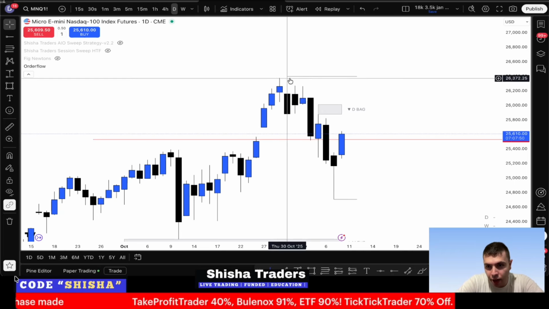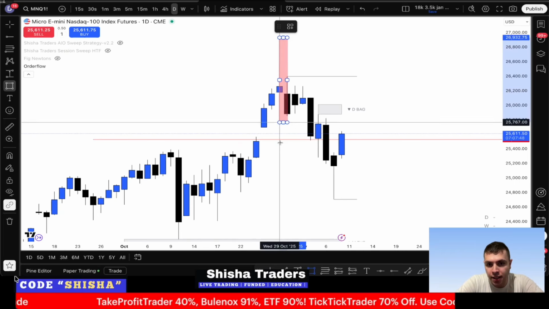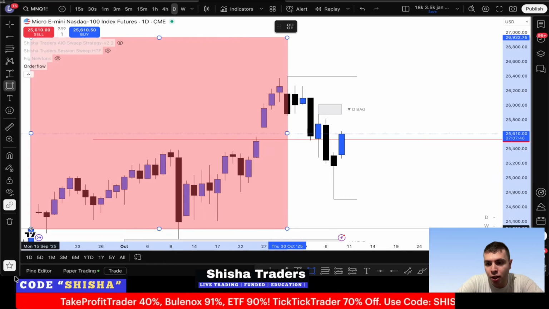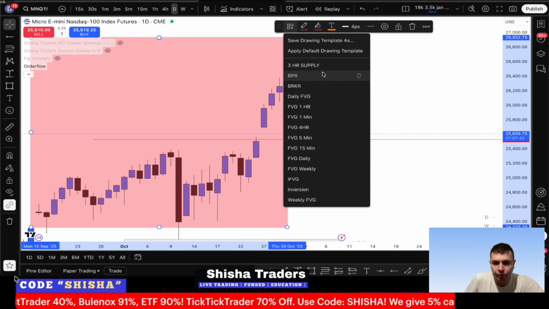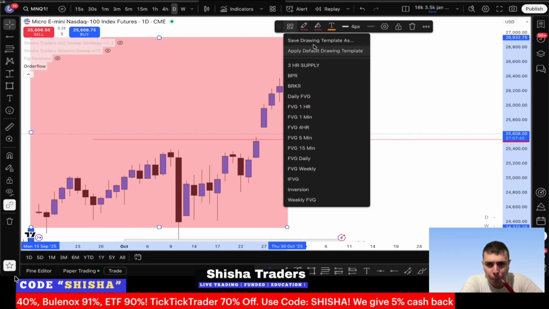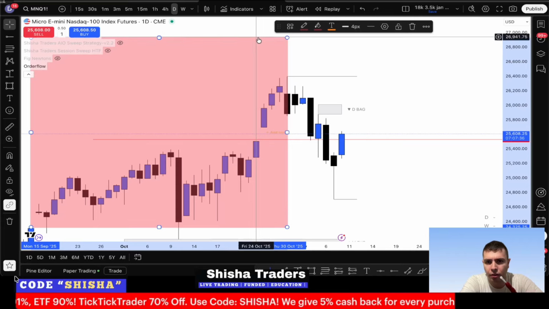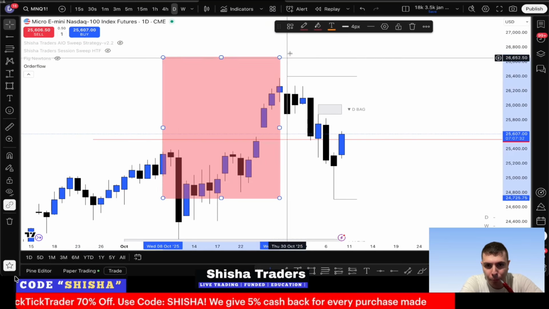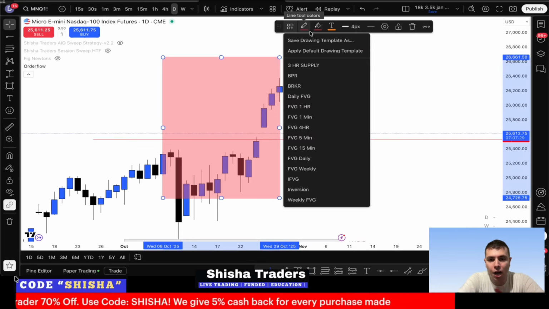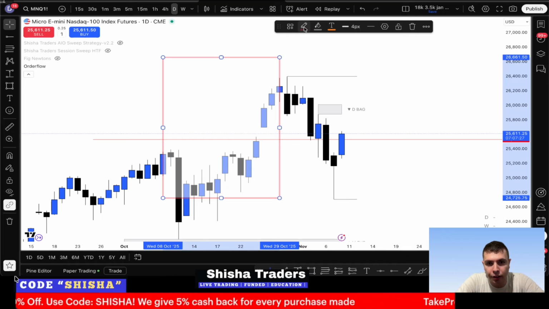But again, I want you guys to see this. I don't want you guys to look on the left of the chart. The whole point is, I swear I drew something. Hold on. Did I not save it? I don't want you guys to see the right of the chart, okay?